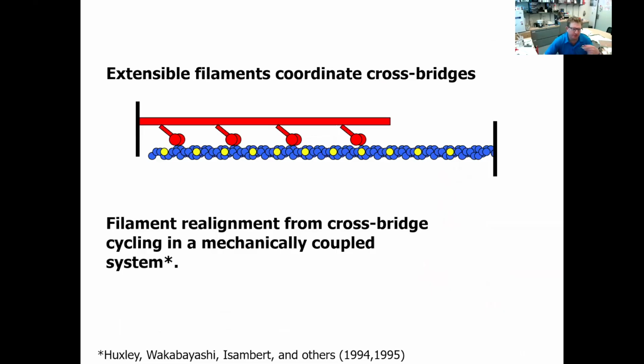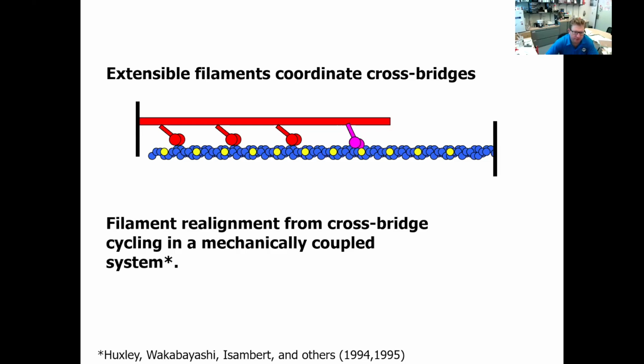And so this is a summary of what people found. This is the conclusion before I show you the results, but it seems that this extensibility, or compliance, or stretchiness of the filaments coordinates the cross-bridge binding. That showed that compliant realignment from cross-bridge binding, moving one filament relative to the other, leads to increased cross-bridge binding in the system.